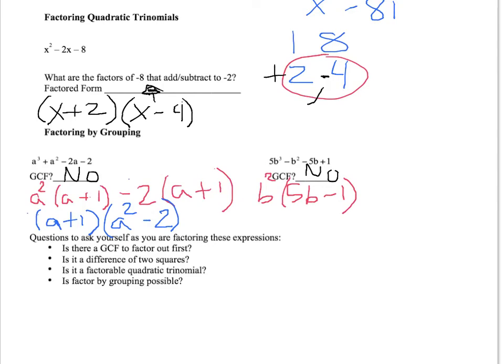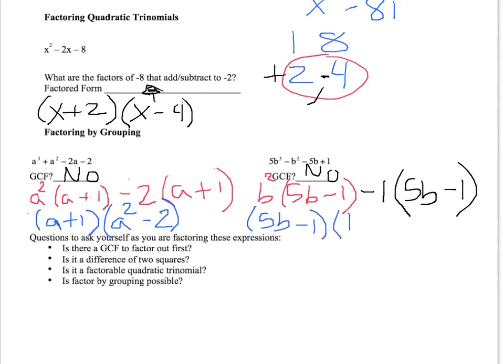So I'm forced to either take out a 1 or a negative 1. I'm going to take out a negative 1 to force my parentheses to match up. When I take a negative 1 out of negative 5b, I'm left with 5b. When I take a negative 1 out of positive 1, I'm left with a negative 1. I do notice that my parentheses match up, so I'm going to rewrite it on the next line.